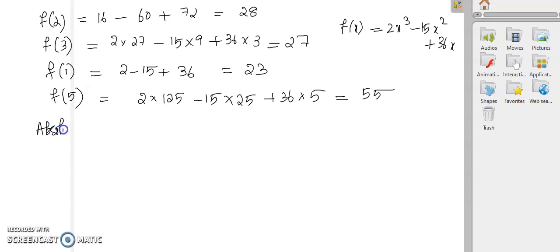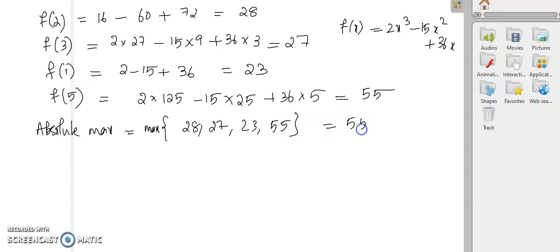So the absolute maximum will be the maximum of 28, 27, 23 and 55, which is 55, and that occurs at x = 5.